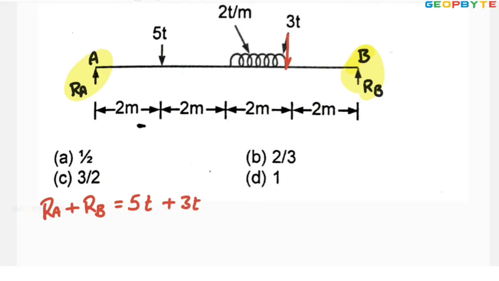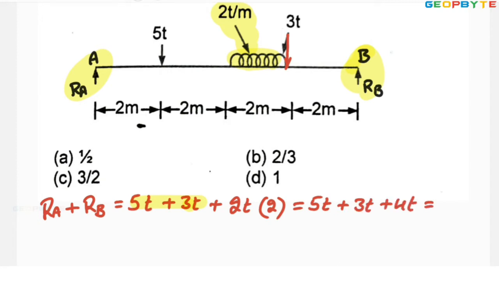These two are point loads, 5 ton and 3 ton, plus the UDL. For getting the point load from the UDL, multiply the UDL with the UDL distance: 2 tons per meter multiplied by 2. It is equal to 5 ton plus 3 ton plus 4 ton, which is 12 ton. That is RA plus RB.